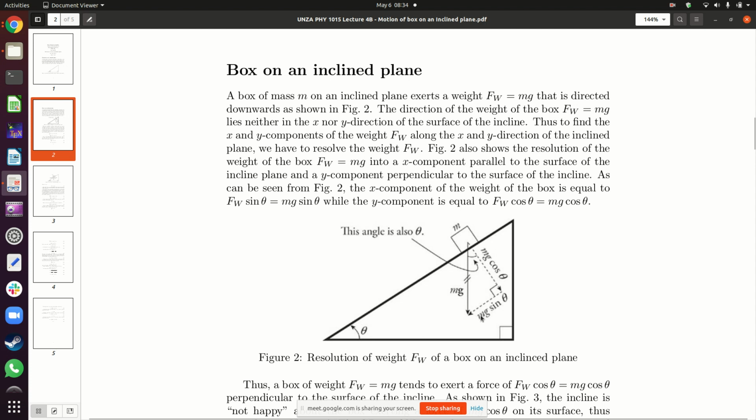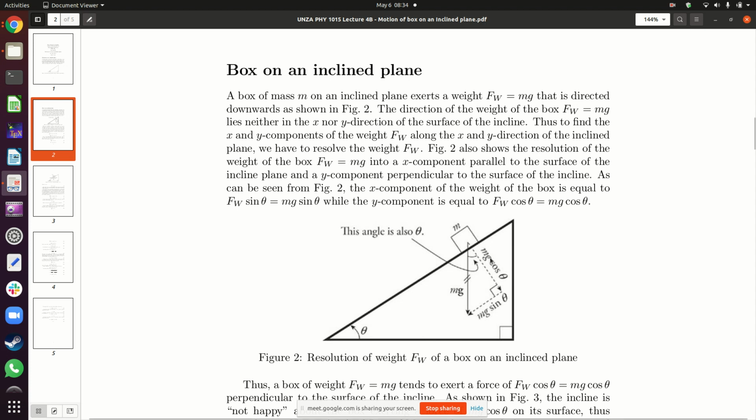So you notice that mg sin theta is pointing downwards, which tells us that this component, with the choice of xy plane we have, is a positive component. Okay?